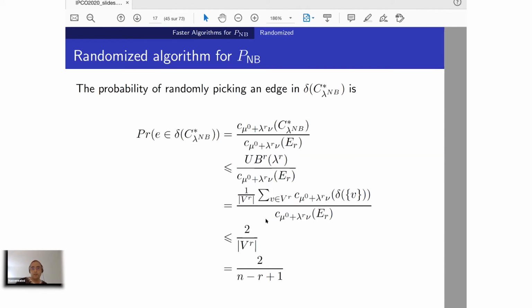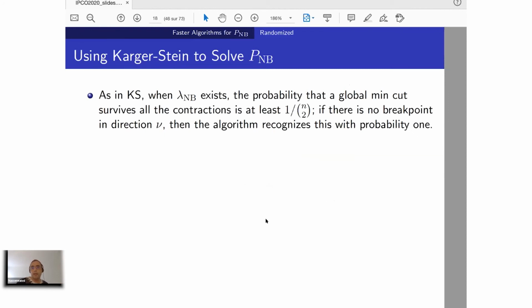Therefore, we do not deteriorate the error probability, even though we have parametric costs. If we combine this result over all the iterations of the algorithm, we obtain the same error probability as Karger-Stein, and therefore our algorithm is correct and also has the same running time as Karger-Stein.